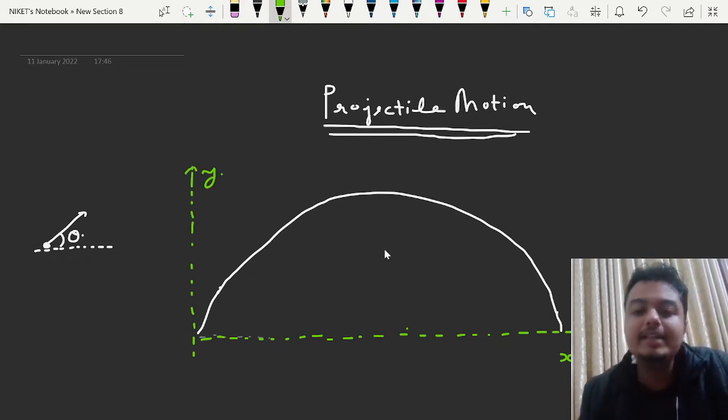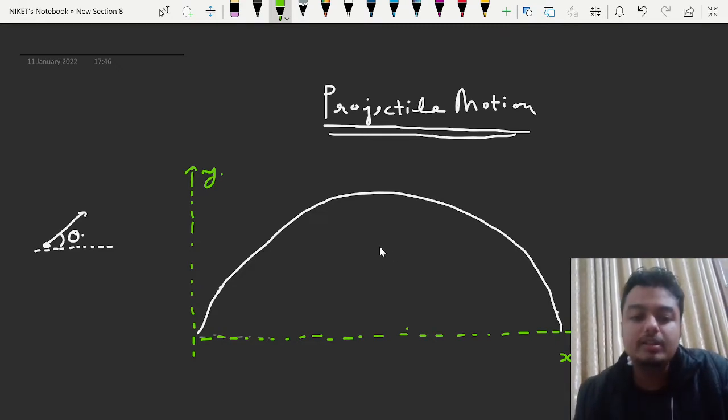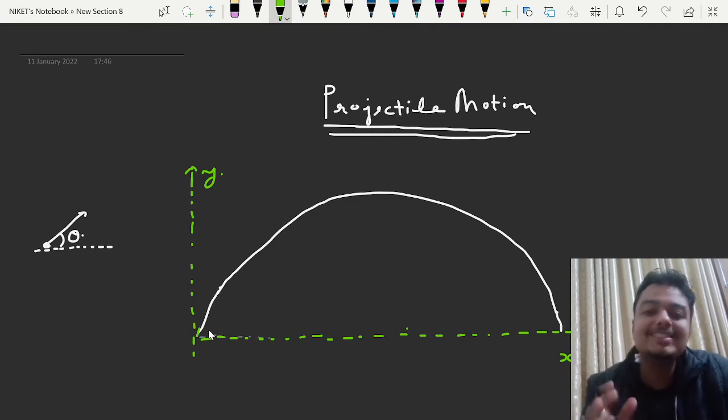Now, to analyze projectile motion, first of all, we need to break the whole motion into two particular parts, that is, into two dimensions, x and y. Because when we analyze any motion by breaking it up into its single dimension, then it is very easy to analyze. So you will see after the derivation how easy it is to analyze a projectile path.